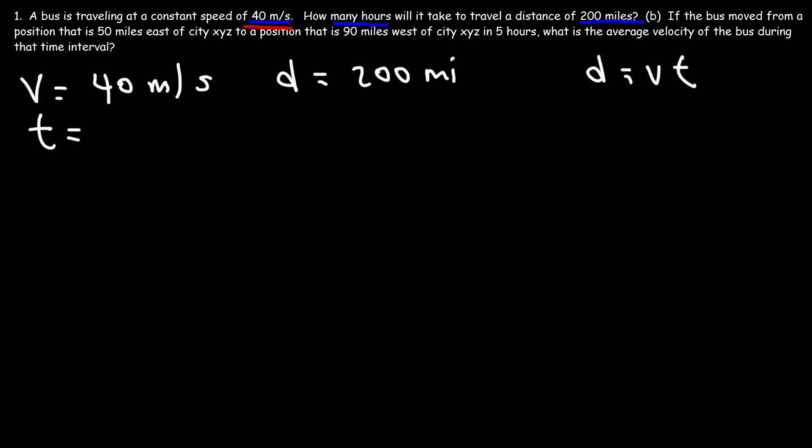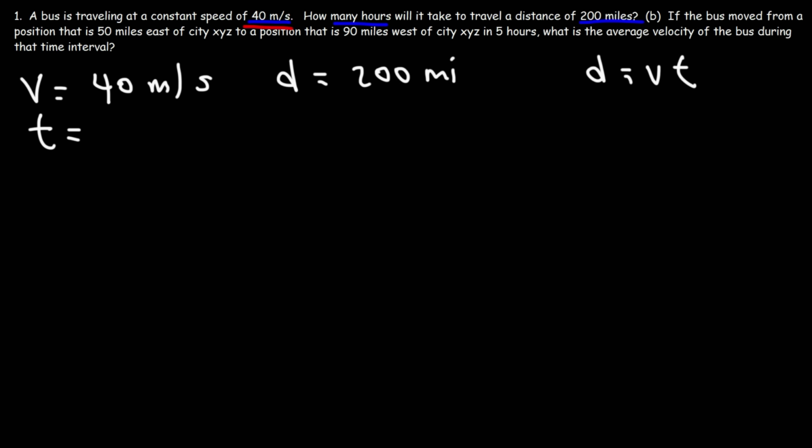So what do you recommend that we need to do? We have the distance in miles, and we want to find the time in hours. The best thing we can do is convert the speed from meters per second to miles per hour. Once we do that, then it will match with the unit hours and the unit miles. So we can now use that formula.